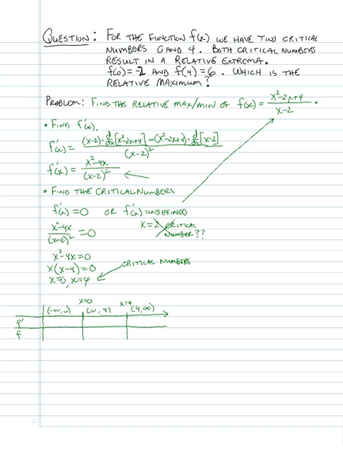Now, in the case of negative infinity to 0, these are x values that are in fact negative, aren't they? These are negative values. And so if we look at the derivative for any one of these negative values, what's the derivative?